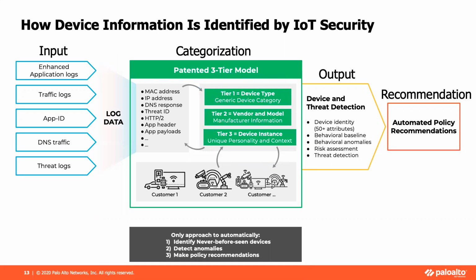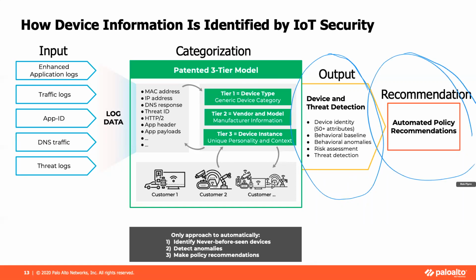We take things like MAC addresses, IP addresses, HTTP information, headers and payloads, and identify these devices using all these different attributes, establish behavioral baselines, look for anomalies, and give you automatic policy recommendations to protect these devices.